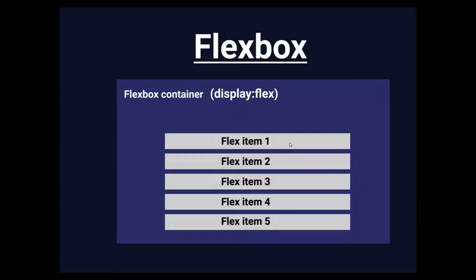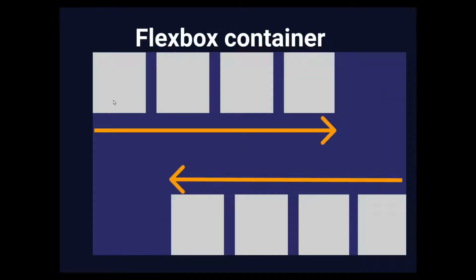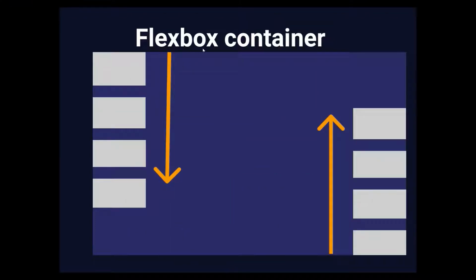Using Flexbox, you can organize elements horizontally. Basically you organize elements on the x-axis and y-axis, but in terms of Flexbox we use the main axis, which is the x-axis, and the cross axis for the y-axis. So you can go from beginning to end or end to beginning, and the same thing you can do on the cross axis, top to bottom, bottom to top.